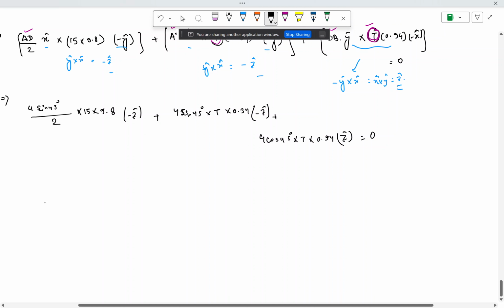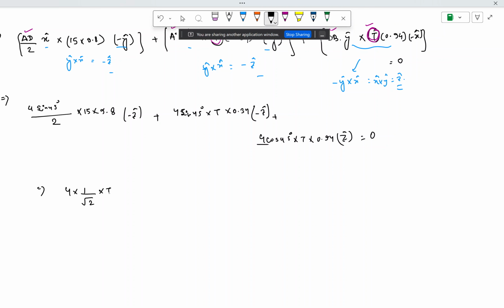So this is basically 4, this term I am considering first, 4 into cos 45 degrees, 1 by root over 2, into t into 0.94, and you take the rest of the negative terms to the other side. We can keep the t terms on the same side so that we can take t common out. So t sine 45 degrees, also 1 by root over 2, then 0.34 is equal to, this comes to the other side and becomes positive.